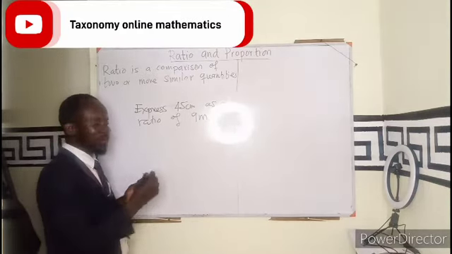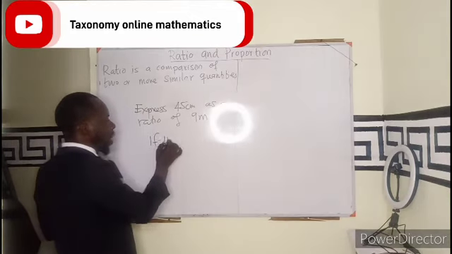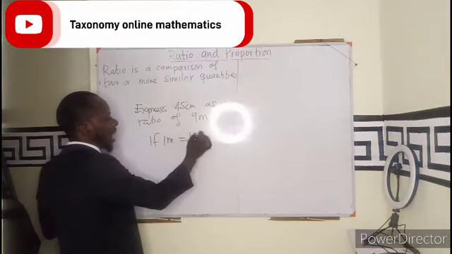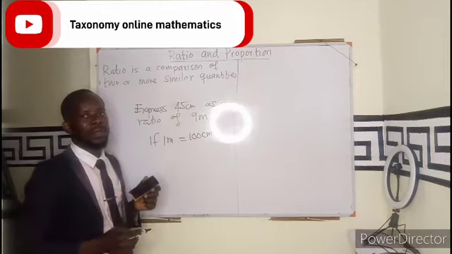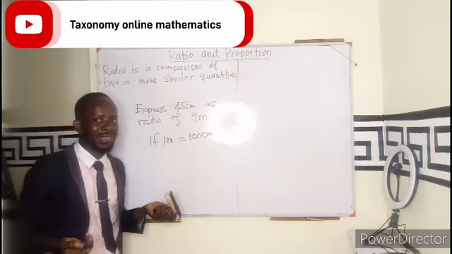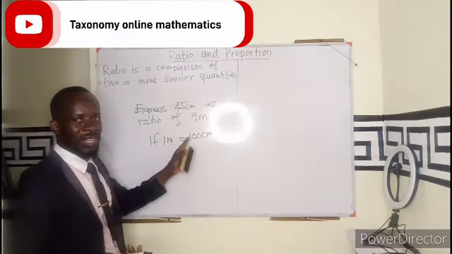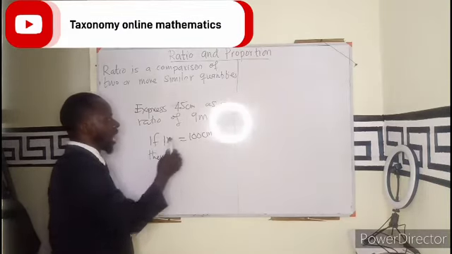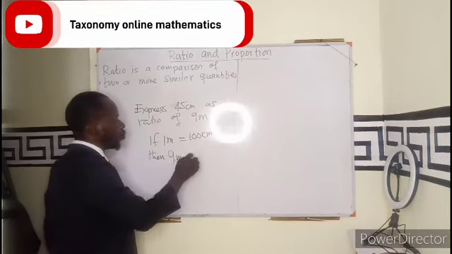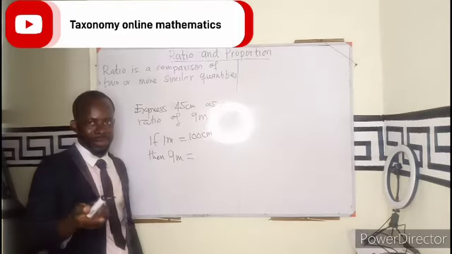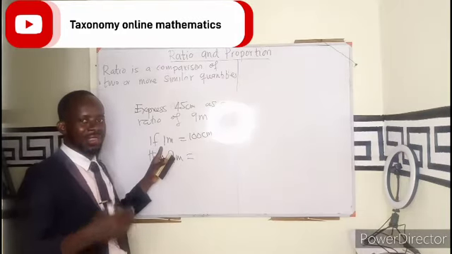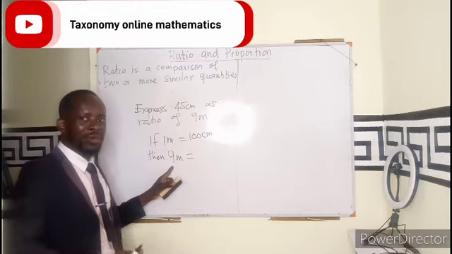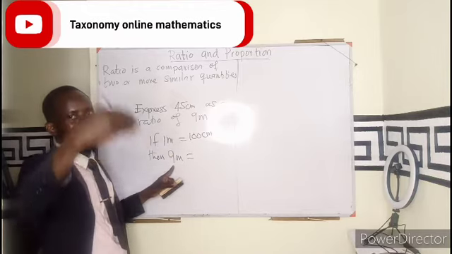We know the conversion. If 1 meter is giving us 100 centimeter, that's the conversion between meter and centimeter. So if 1 is equal to 100, then we are expecting 9 meter to be more than 100. If 1 is giving us 100, then 9 will be 100, 100, 100, 9 times.